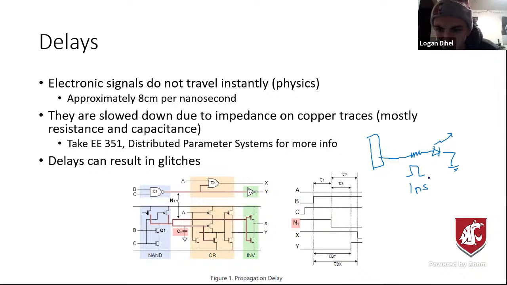The human eye can only see 60 hertz, maybe 100 hertz, and this glitch is 1 gigahertz. So your eye is not going to notice that. In this example, a glitch would not matter. But let's say you had some important ROM right here. This is a ROM memory, and you had some reset signal hooked up to here.